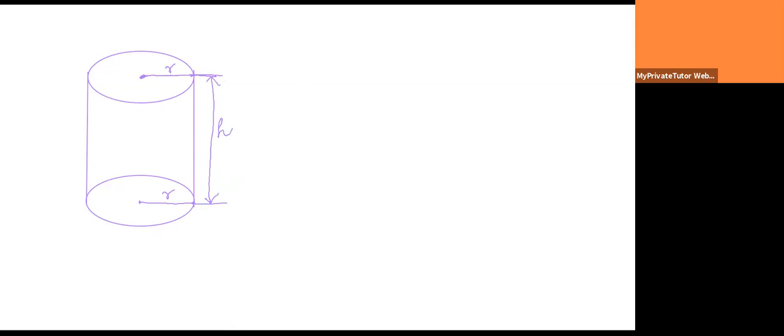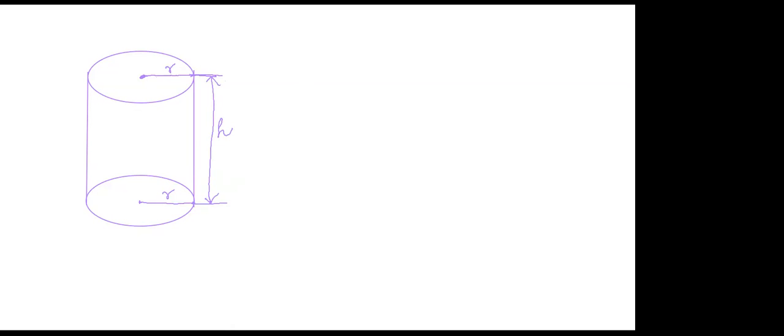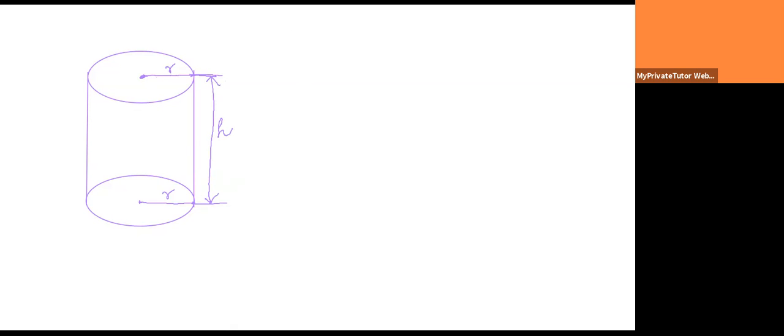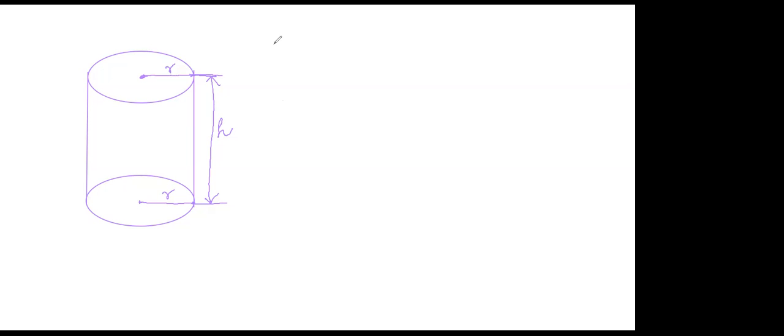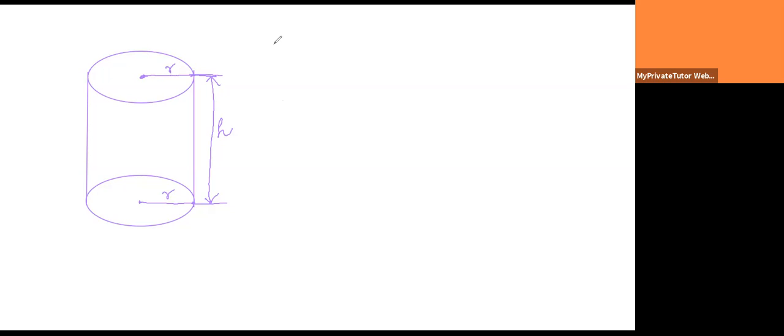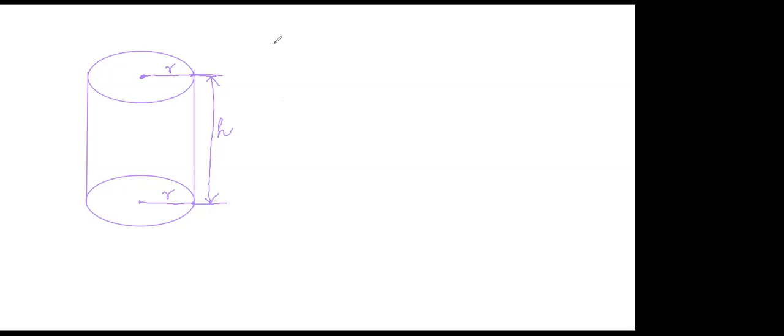And what is the surface area, guys? Generally, how did we learn to find the surface area? We find the area of each face, however many faces we have, and add them.